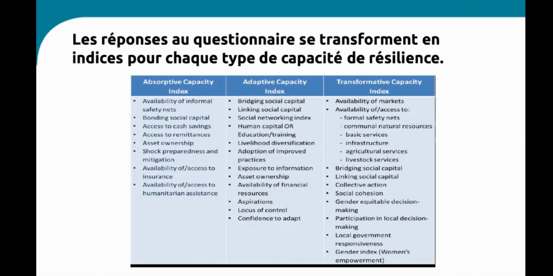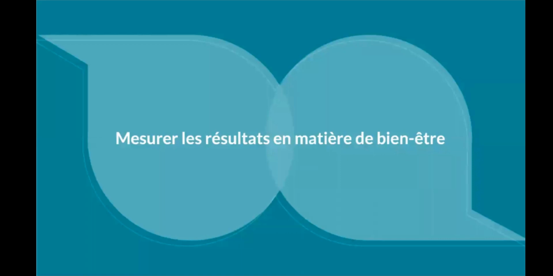But having assets also allows households to make investments in other kinds of activities that reduce their exposure to shocks. So there's not a clear distinction between these different capacities. There's overlap. Next slide, please. And next slide.